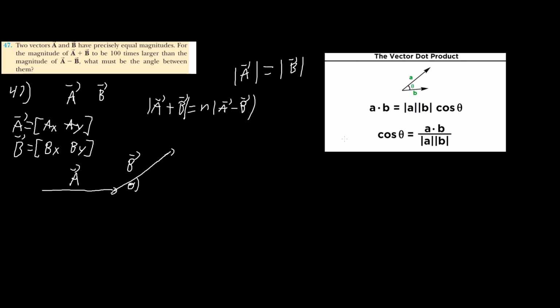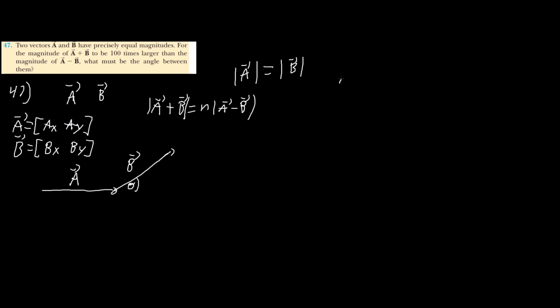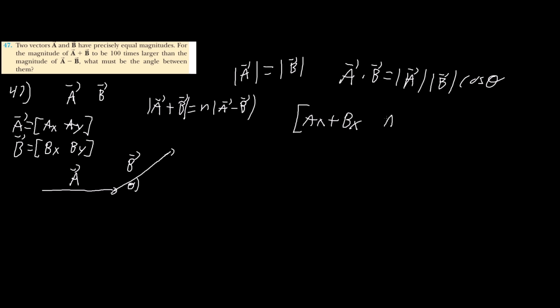All right, so let's compute the magnitude of vector A plus B and see what we get. And let me write the dot product before I get started. I'm going to write the dot product as A dotted with B equals the magnitude of A, the magnitude of B, times the cosine of the angle between A and B. And the magnitude of A plus B is going to be AX plus BX, that's the X component, and AY plus BY, and we're going to take the magnitude of that.